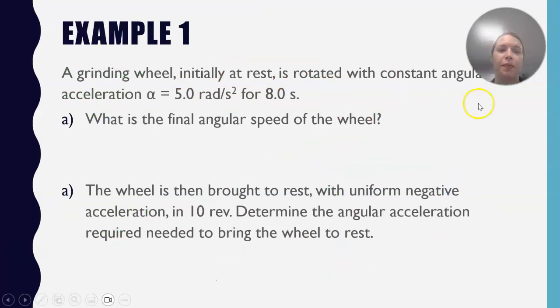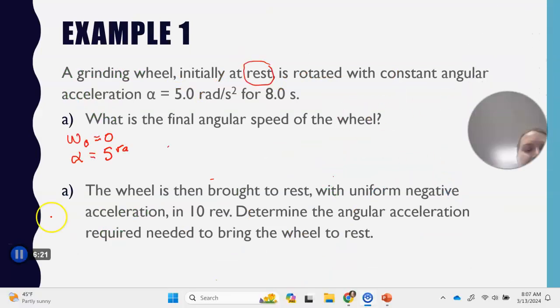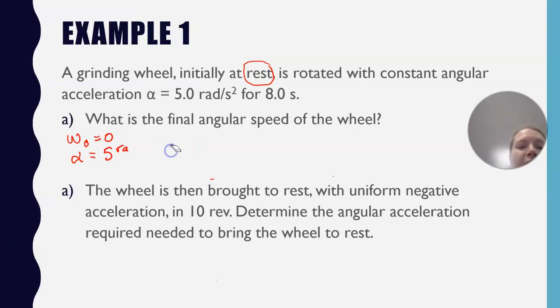So let's do an example. A grinding wheel is initially at rest, is rotated with a constant angular acceleration of 5 radians per second squared for 8 seconds. So we can think of our understanding of motion and say, well, if we're finding the final angular speed of the wheel after 8 seconds, and it increased its angular speed by 5 radians per second every second, which is our definition of angular acceleration, then you should get 40 radians per second as its final angular velocity.